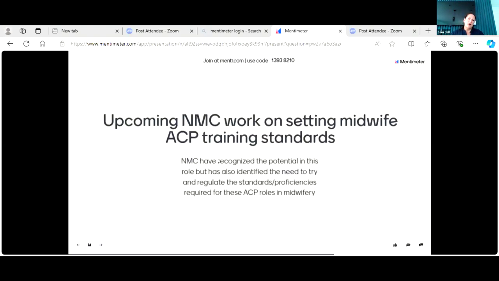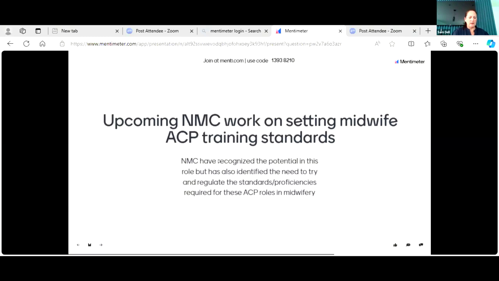So like I was saying, there's some upcoming work with the NMC, and I'm sure they'll be more than happy to have more people involved in this. But it's about setting those standards for training, looking at what the essential standards are for an ACP midwife, and then looking at more specific roles, so triage roles, maybe postnatal roles, labour ward roles, and what those specific standards look like for each of those areas, with underlying essential basic standards that everyone needs to meet.